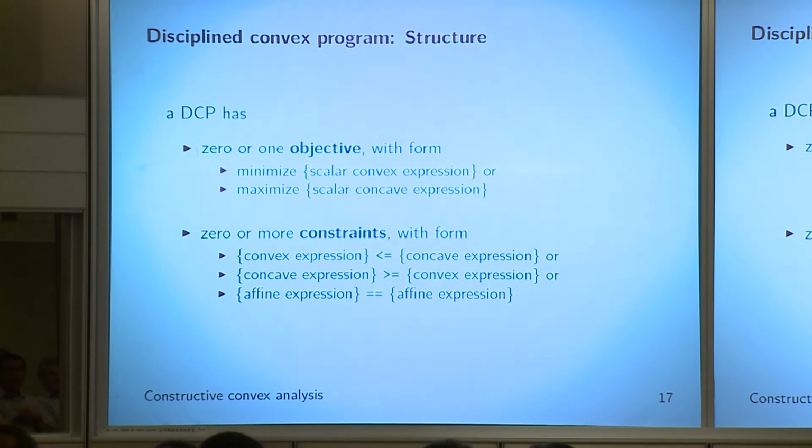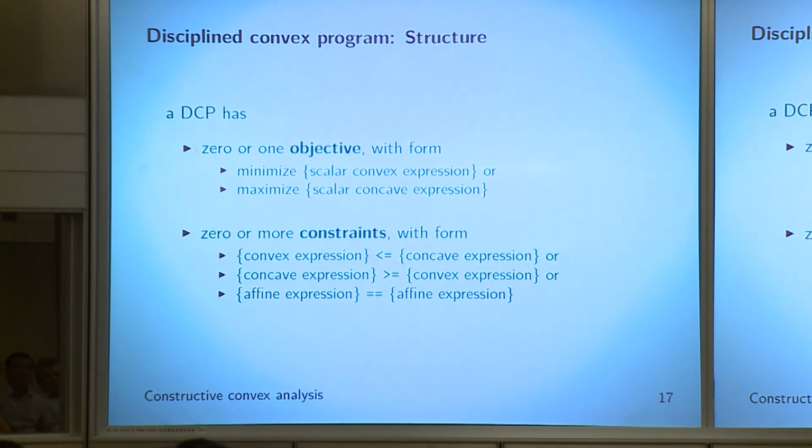The objective has to have the form either minimize a convex thing or maximize a concave thing. Each constraint has an expression, a relative operator, and an expression: convex less than or equal to concave, or concave greater than or equal to convex, or affine equals affine.